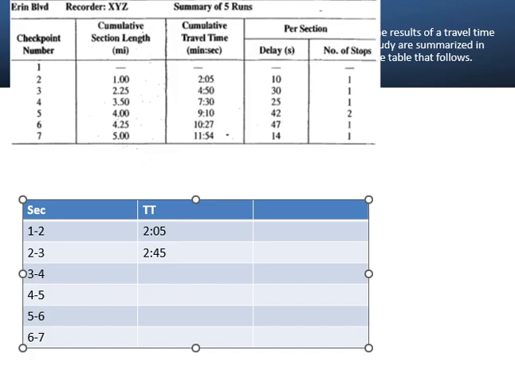So 4 minus 2, you have 2 minutes. And 50 minus 5, you have 45. So it is 2 minutes 45 seconds. Clear? Okay?